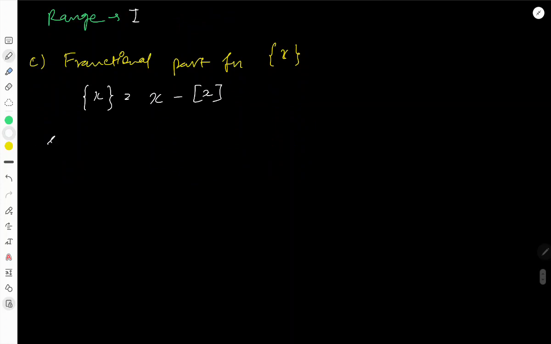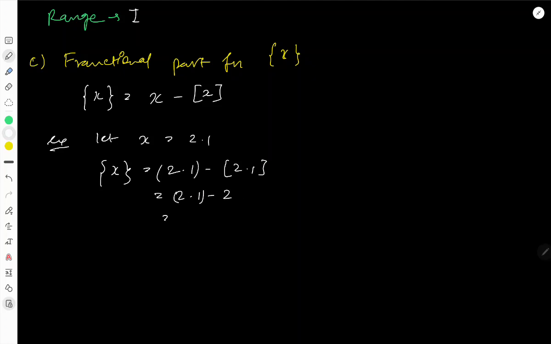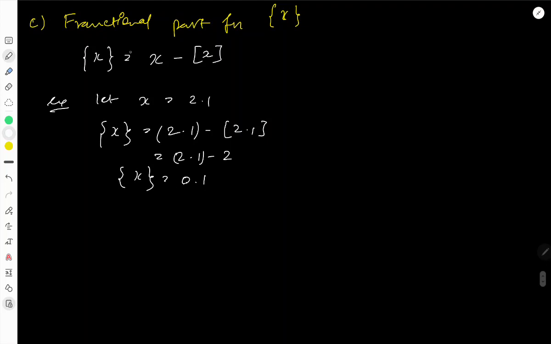Now an example: let x be equal to 2.1. So the fractional part of x would be 2.1 minus box of 2.1, that is 2.1 minus 2, that is 0.1. So this is the fractional part of x. The name itself suggests that it is the part after the decimal.